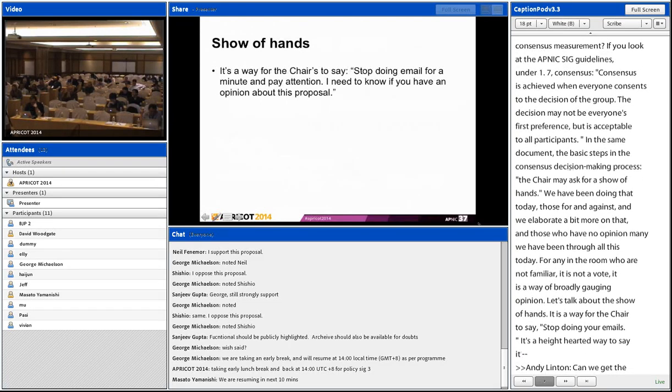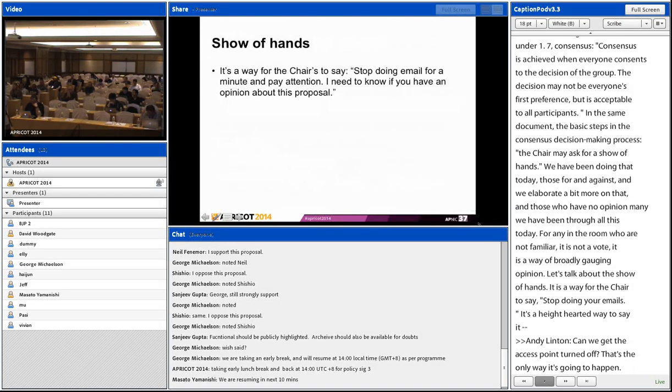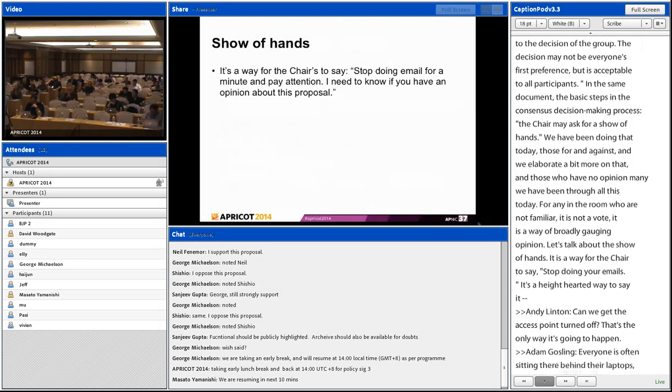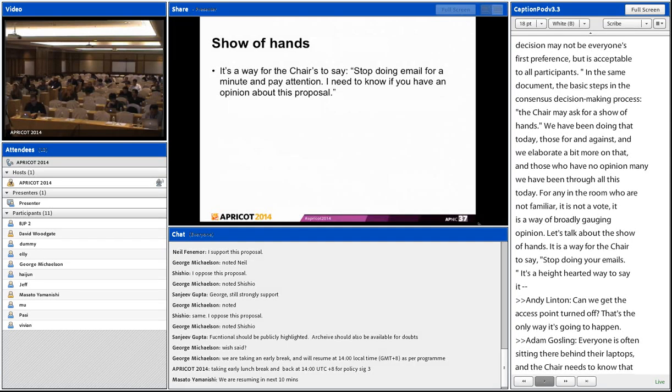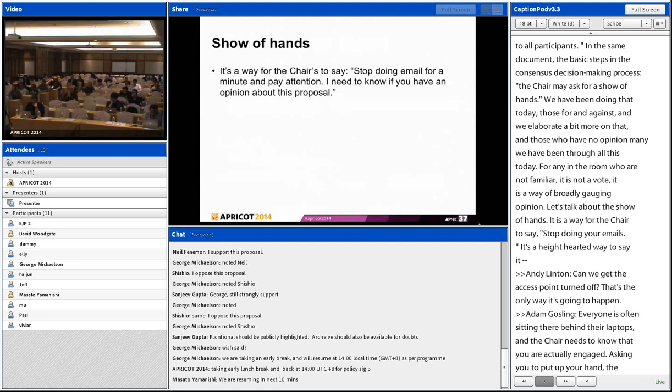Because everyone is quite often sitting there behind their laptops, and the chair needs to know that you actually are engaged. So asking you to put up your hand, the meeting kind of stops, and some people go, oh, are we doing it now? I think that is an important part of it, even though it's not a vote.